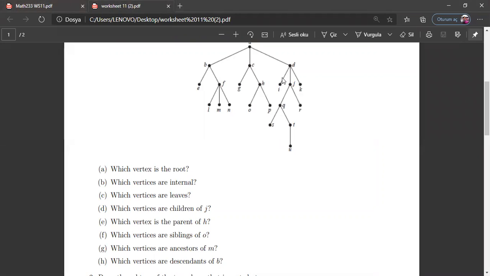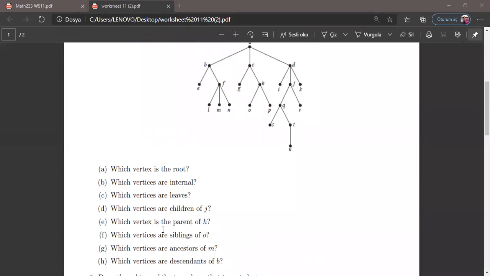So there should be a direct edge between them. Okay, because T is not a child of J because there is no edge like that. Okay, if there would be an edge like this, there would be a circuit then. It wouldn't be a tree, right? Remember that.